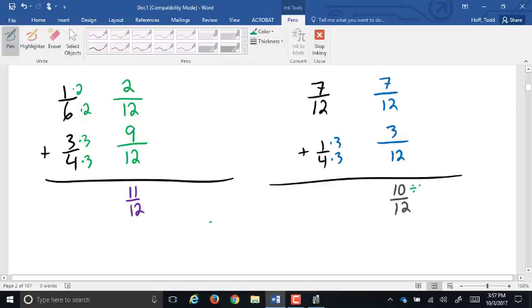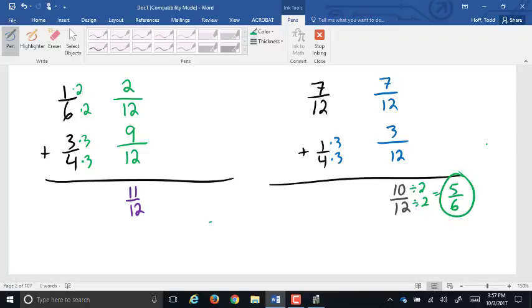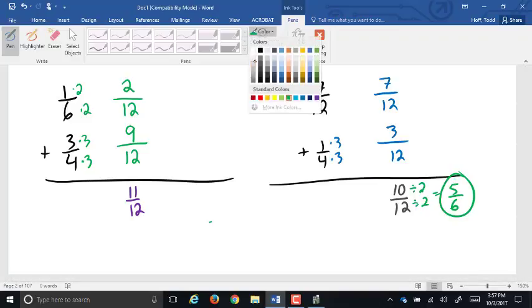Now that still has to be reduced. Both of those can divide by 2 to give us 5/6. So even though we use the least common denominator, we still sometimes have to reduce our answers. Now if you'd used the 24th, you would have got 20 24ths, still reduce to 5/6.